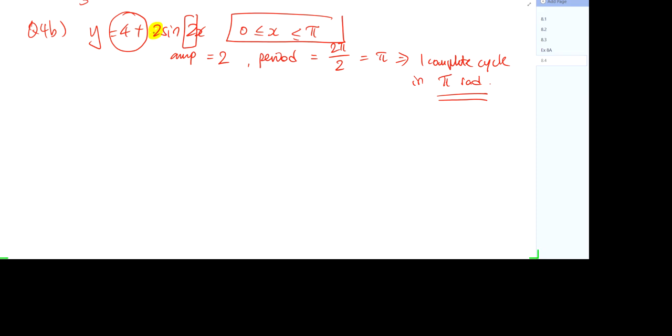Alternatively, we can shift the x-axis down by 4 units. Okay, so that is the process that we'll be using. We are expecting one complete cycle, so 4 portions over here. 2, 3, and 4. Okay, this is my original x value. For my x-axis, draw our sine graph.